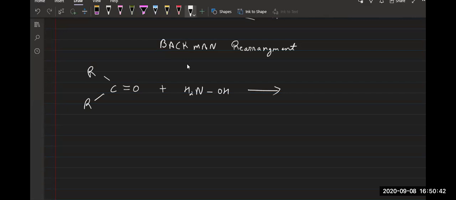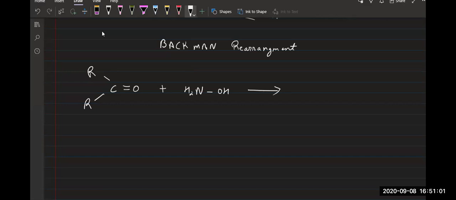Is there anyone who doesn't remember this reaction? If you don't remember this reaction, please go through it. I'm saying again and again, in class 12th, NCERT is your Gita, Bible, Quran, whatever you think, okay? You have to read NCERT line by line.